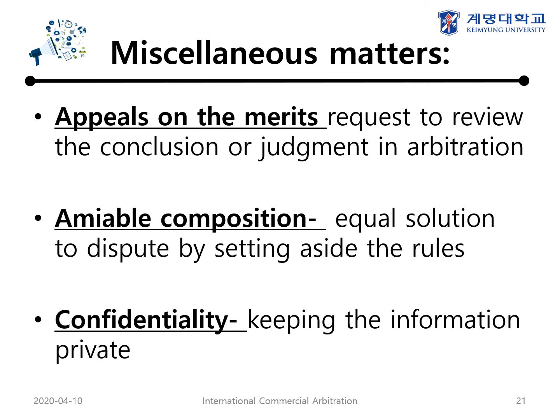Maybe for humanitarian reasons, they want to be kind and they found out that the respondent really had no intention to violate the contract. So there is a possibility that they could set aside the rules and settle for a more considerate solution, and that is amiable composition.